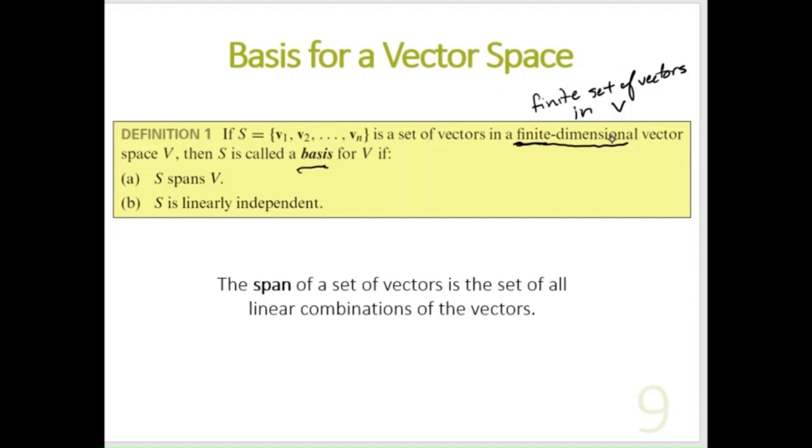And hopefully you notice that in parts A and B, we've already done those parts. We already talked about spanning sets, and we already talked about linear independence. So now we're going to be using those concepts to describe our basis for our vector space, and then we'll have an understanding of how that coordinate system is going to work and what it's going to look like.